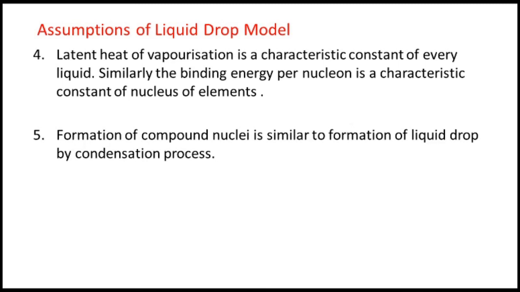Similarly, when a high energy projectile is incident on a target nucleus, they combine together to form a compound nucleus. So the formation of a compound nucleus is similar to the formation of a liquid drop. And this similarity again led to the conclusion that a nucleus is similar to a liquid drop.